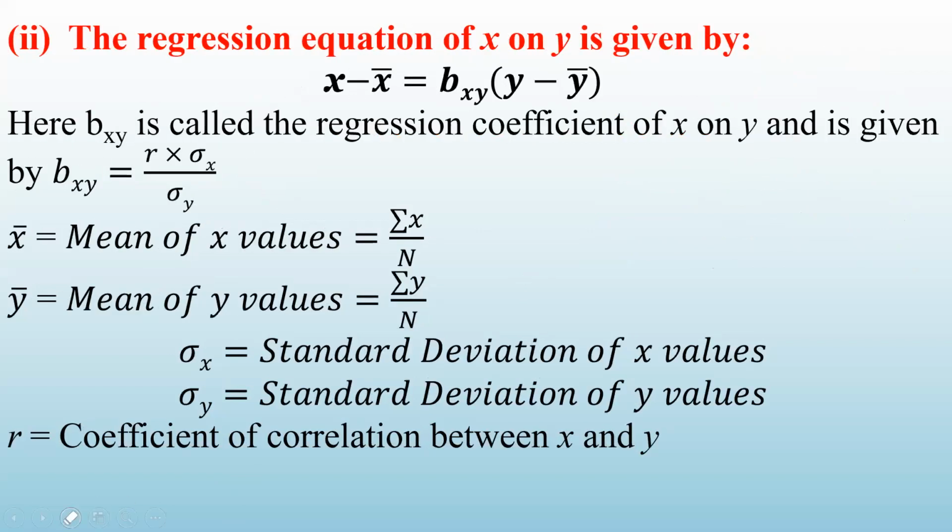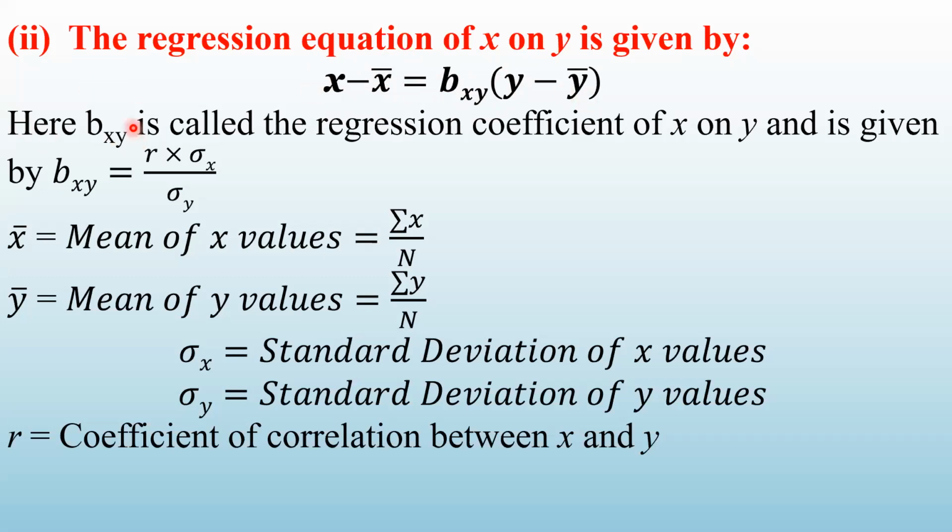Look here: regression equation of x on y. So the value of x depends on y. So I will keep the term x minus x bar on the left side. So x minus x bar equal to b is the slope, but I'm talking about the equation of x on y, so I will put a suffix xy. This is to remember: bxy into y minus y bar.